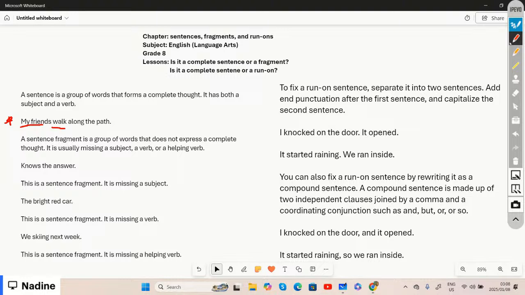A sentence fragment is a group of words that does not express a complete thought. It is either missing a subject or it is missing a verb, but it's missing one of the two. Or we can even say it's missing a helping verb.